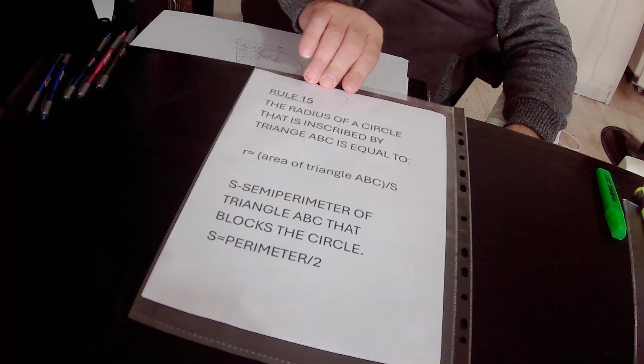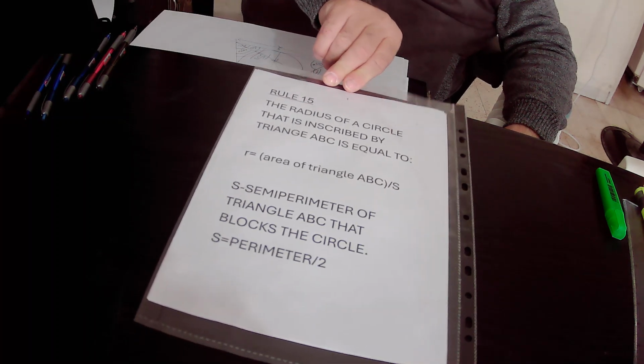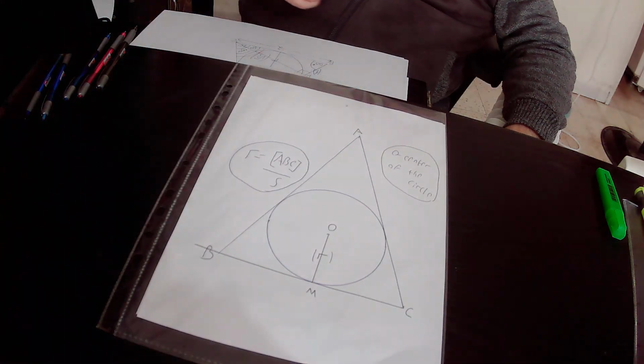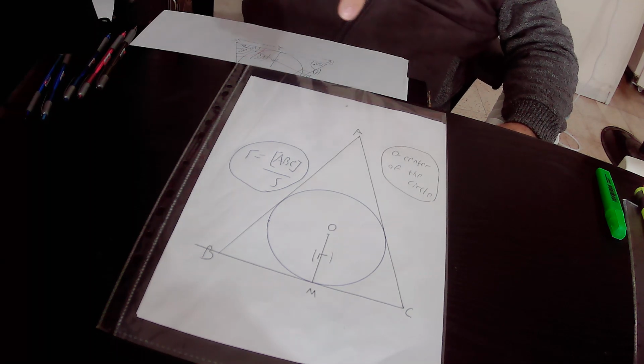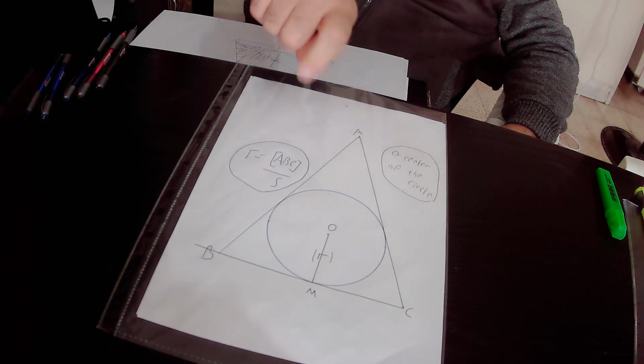The drawing of this rule number 15 is this. So in the drawing we have a circle with radius R that is inscribed in triangle ABC.